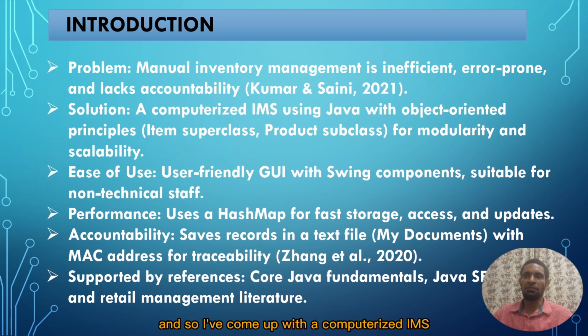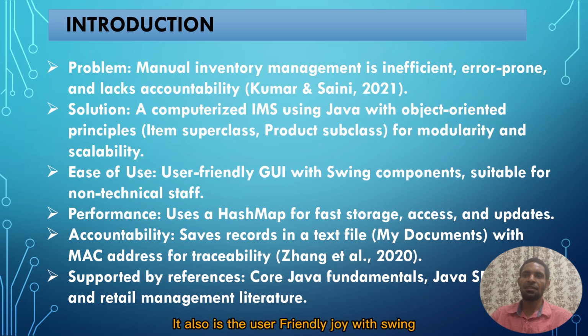And so I came up with a computerized IMS using Java with object-oriented principles. It also provides a user-friendly GUI with Swing. Thirdly, it helps the performance of the user by using a HashMap for fast storage access, updates, and more.